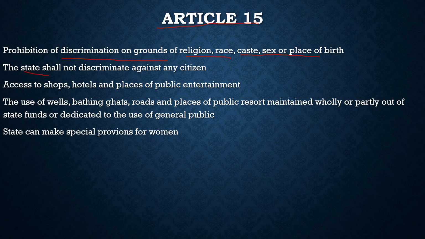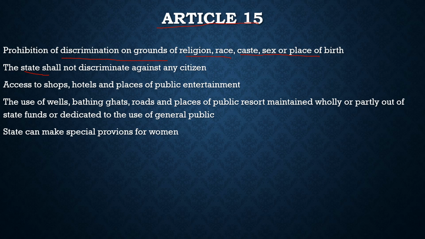So here the question comes, what is the state? The definition of the state is given in Article 12 itself. We know that it is very much mentioned under Article 12.